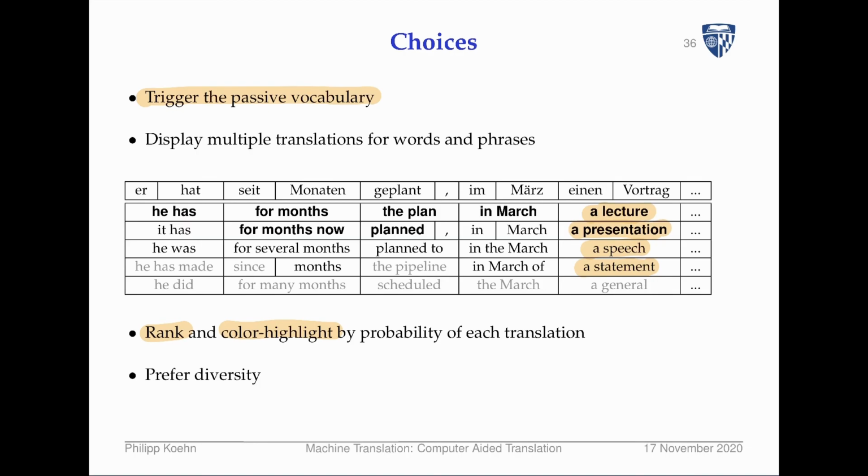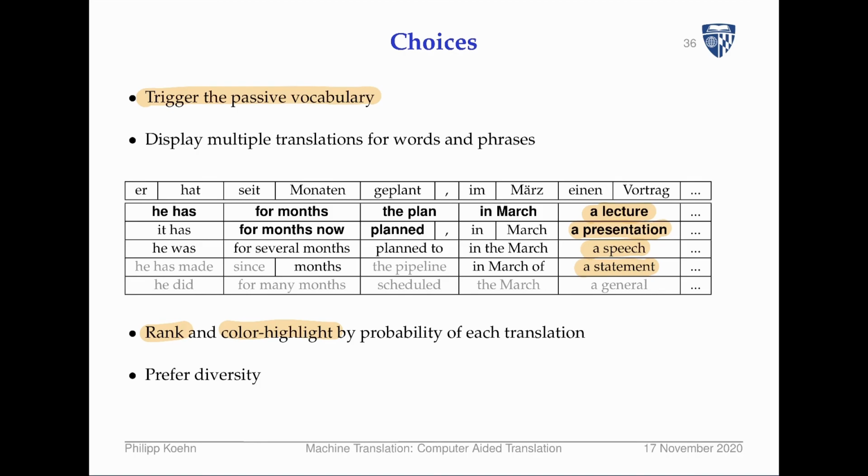So now you can use maybe better words that you haven't thought of during authoring. I don't know how often it happens to you when you write a text that you feel like, there's a good word I could use here, I just can't think of it. Here, that word is shown to you.